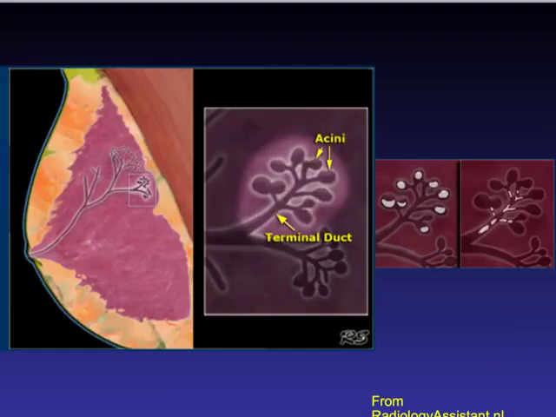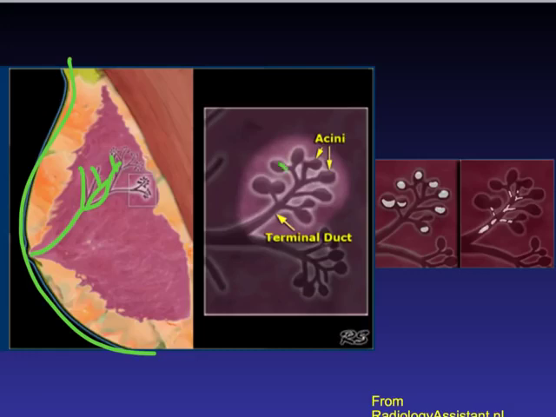These are schematics of the breast, courtesy of radiology assistant, to help you better understand where calcifications and masses form within the breast. So here on the right, you have a schematic of the breast that shows ducts that branch into smaller ducts and ductules. And here at the end, they branch into these little bud-like structures called acini.